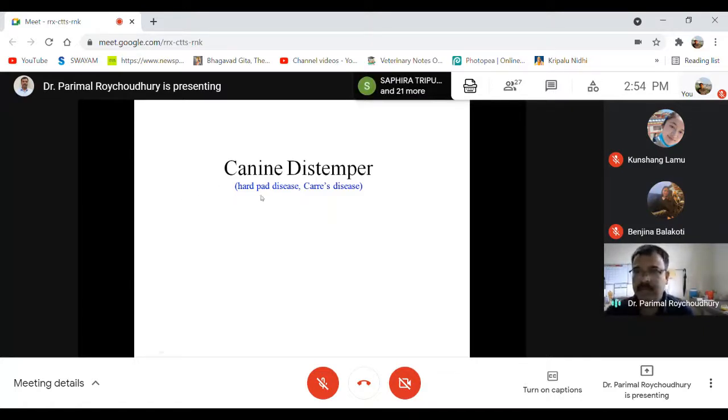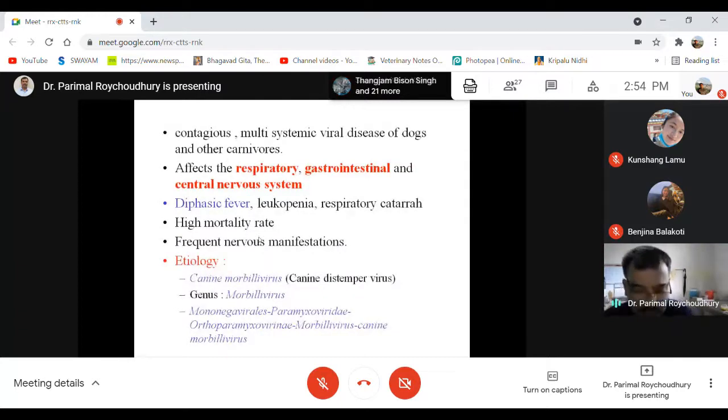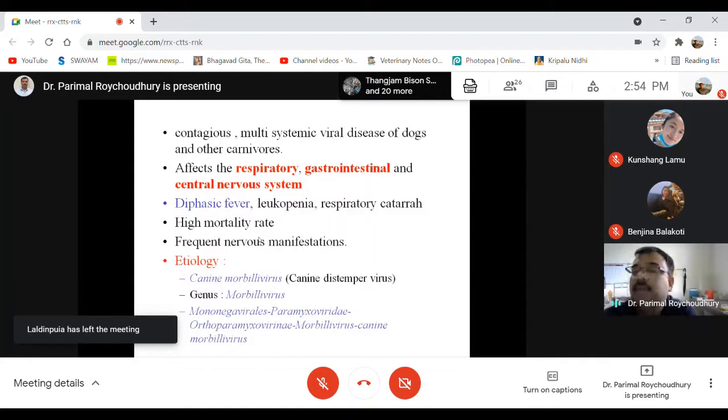The common name is hard pad disease because of the hyperkeratosis that occurs in the footpad. I think all of you already studied this infection in pathology, and hopefully it will be a revision for you, but still try to get some more information if it is there.